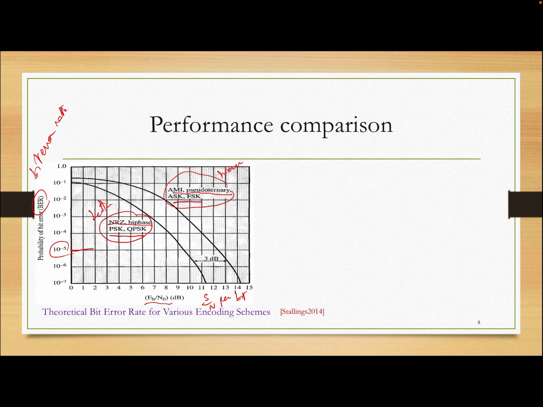Let's look at this. If you want the same probability of error, 10 to the minus 5, for the better group here, PSK, you will need about 9.5 dB of signal to noise ratio.